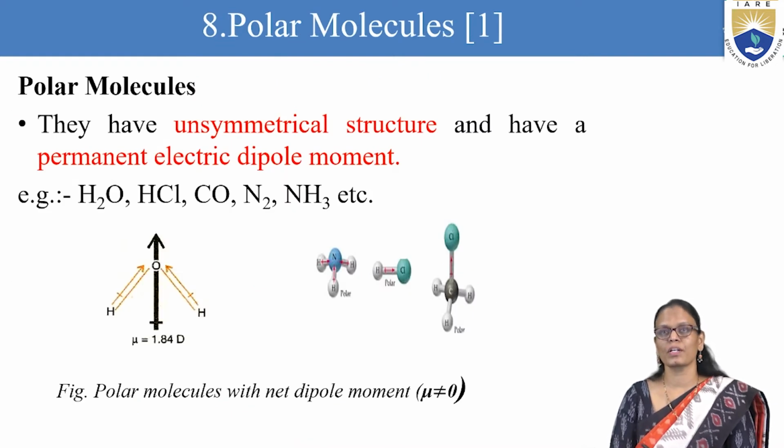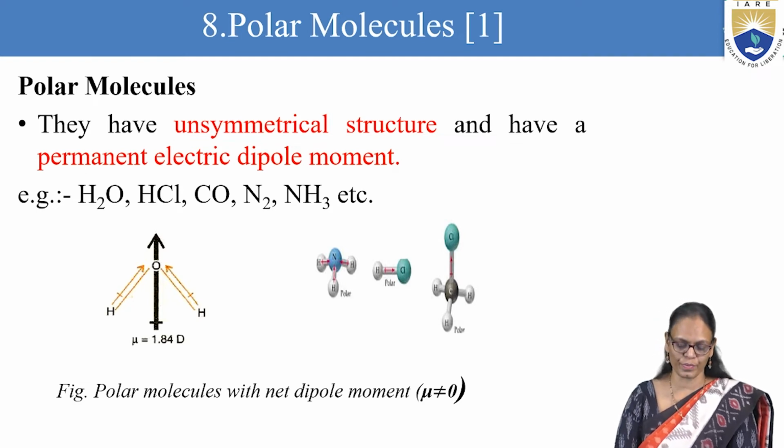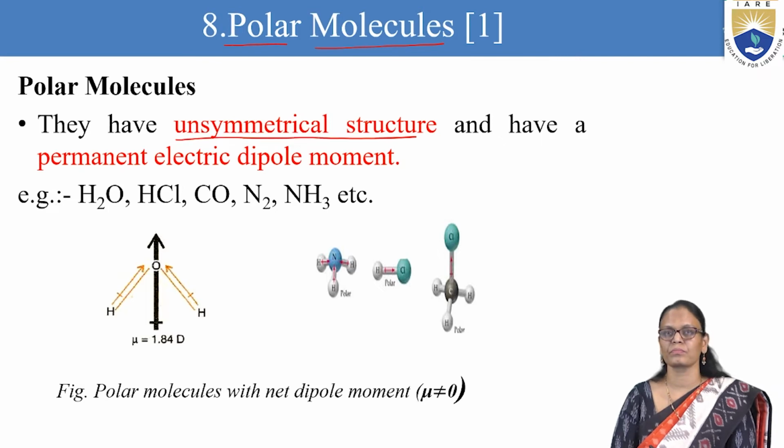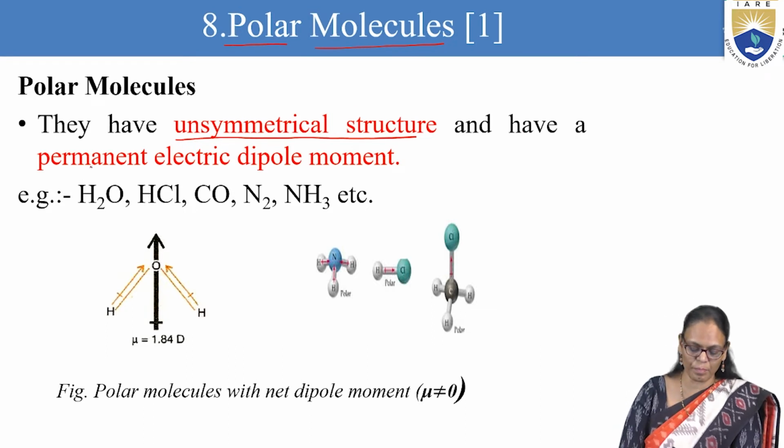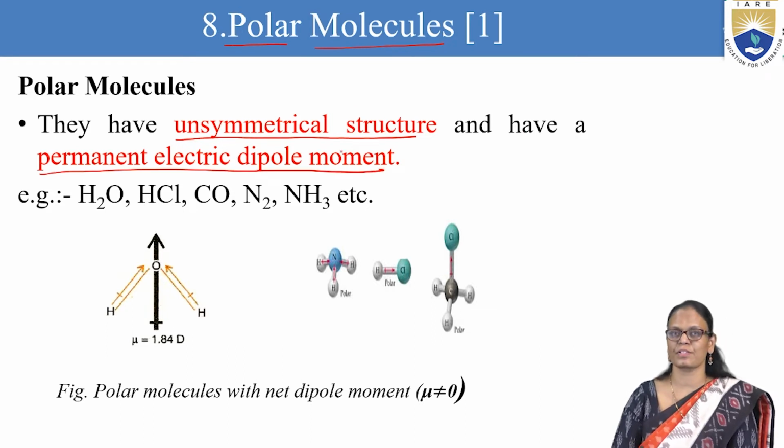Now coming to what are polar molecules and what are non-polar molecules. First, polar molecules. Polar molecules have an unsymmetrical nature. They are not symmetric, and because they are not symmetric, they have a permanent dipole moment.